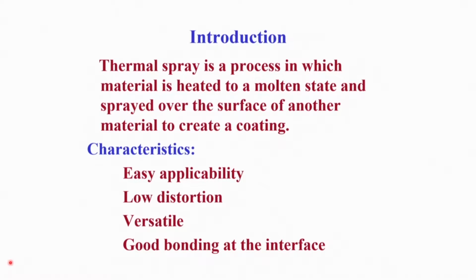As you are depositing by spraying, there is very little distortion of the substrate. There is good bonding at the interface, but it is not as strong as in weld overlaying or maybe hot dipping, because the mechanism of bonding is basically mechanical interlocking. There is very little diffusion at the interface.